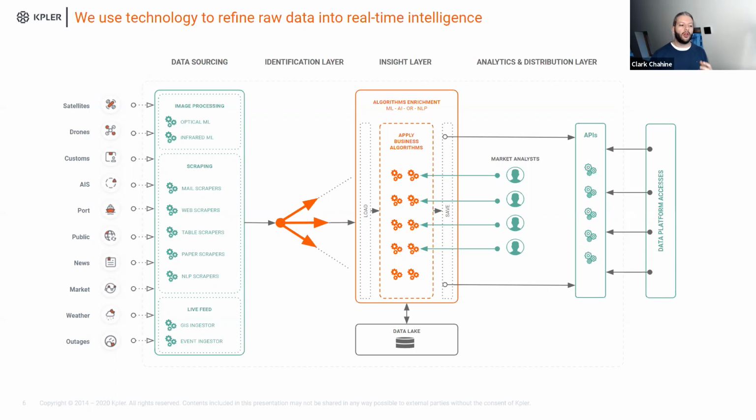This is where we load the data into our engines and our brain, the Kpler brain, and we work to solve and derive all the information that you are using on a daily basis: the ship-to-ship events, the quantities, the installation data, and so forth.